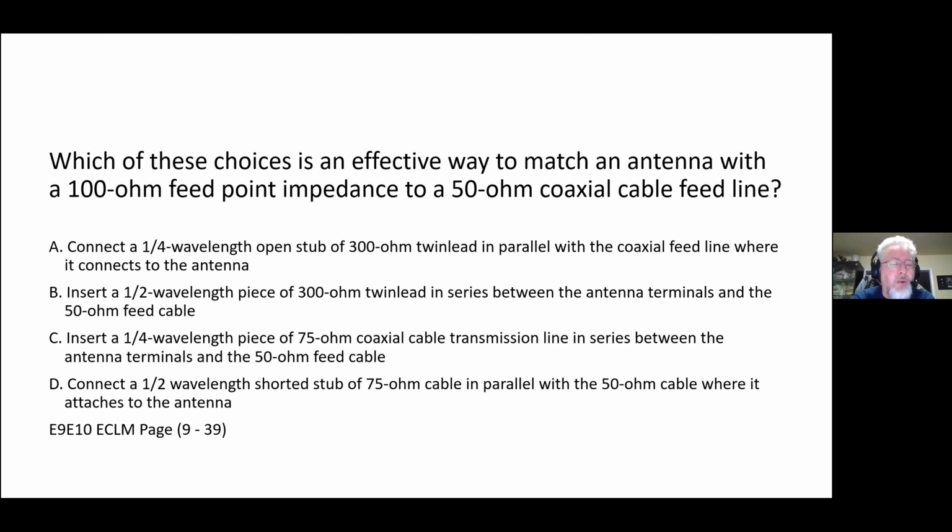C, insert a 1/4 wavelength piece of 75 ohm coaxial cable transmission line in series between the antenna terminals and the 50 ohm feed cable. Or D, connect a 1/2 wavelength shorted stub of 75 ohm cable in parallel with the 50 ohm cable where it attaches to the antenna. Charlie. Correct answer is Charlie.